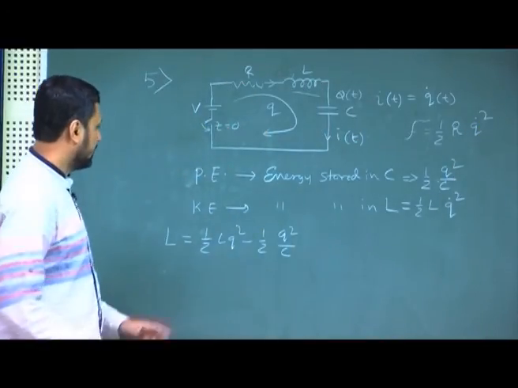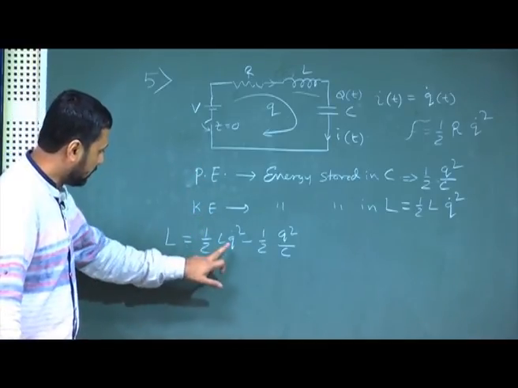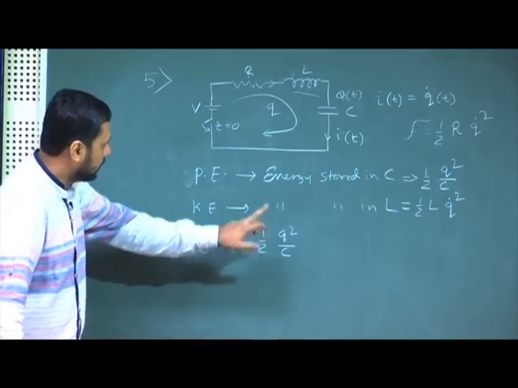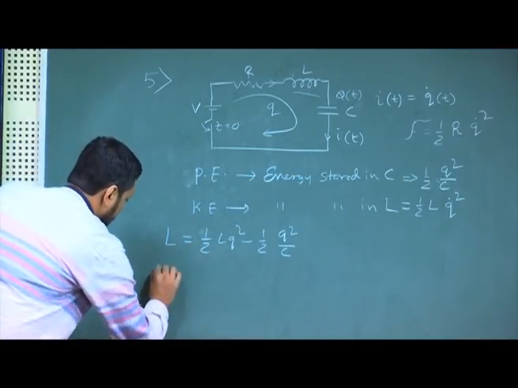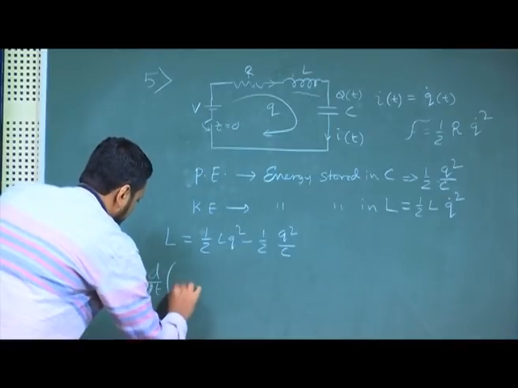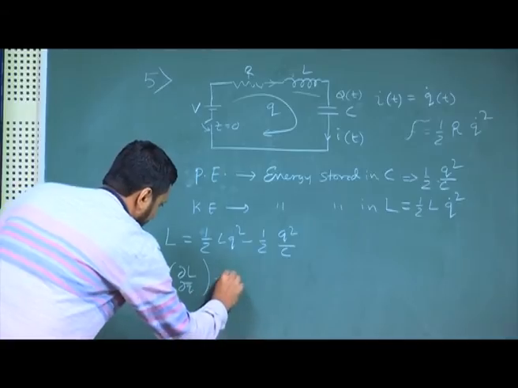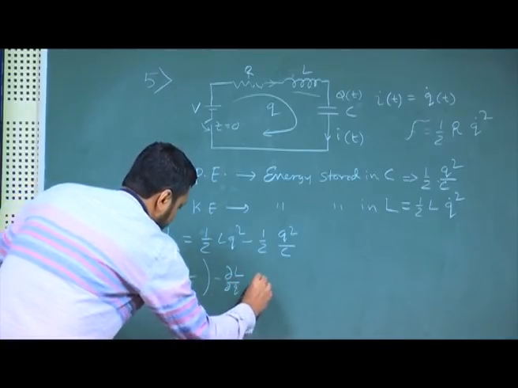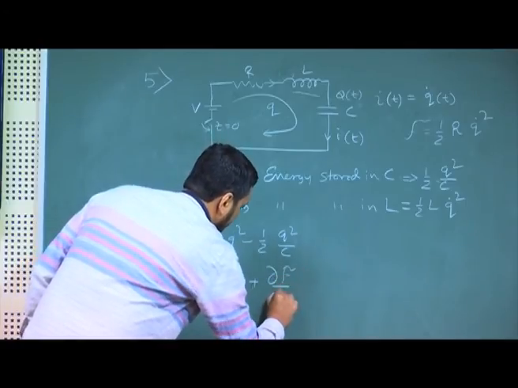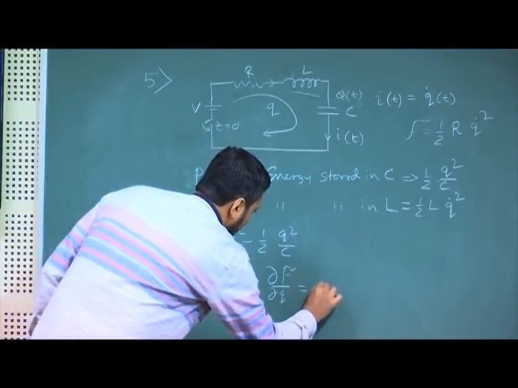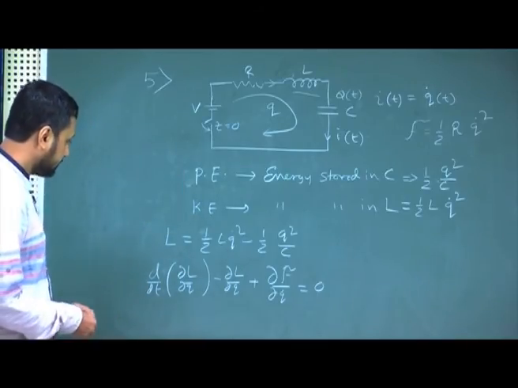Okay. So, for the equation of motion, we have only one generalized coordinate, and we have a Rayleigh function and a Lagrangian. So, we have to do d dt of del L del Q dot minus del L del Q, plus del F del Q dot is equal to 0, for this particular system.